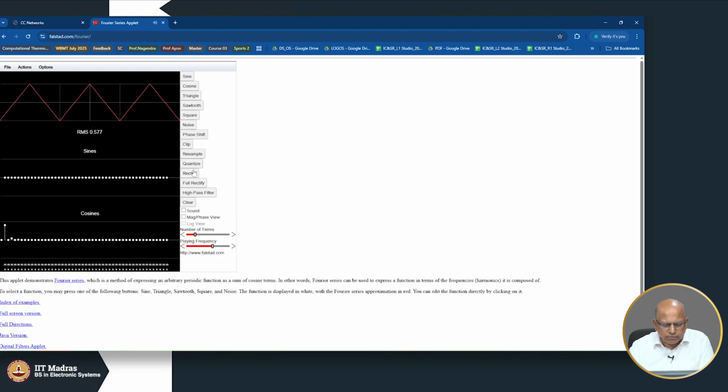If you take a triangular waveform and try to listen to it, it sounds very different. If you play a sawtooth, it may sound like this. So, you can even try to combine. You can play with these sinusoids and see how it looks, how it sounds.